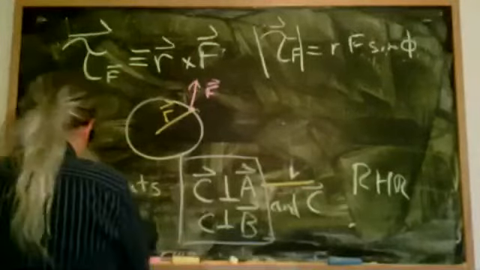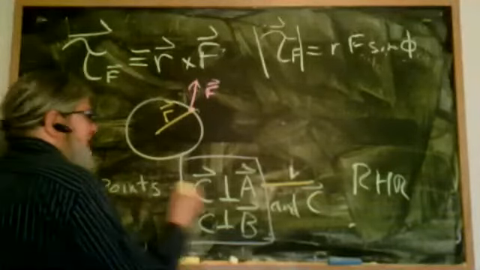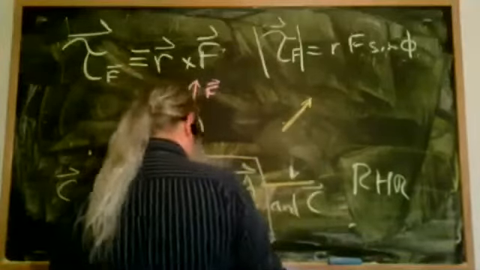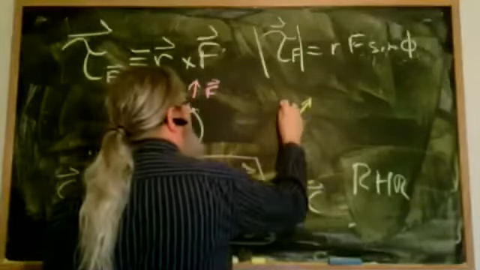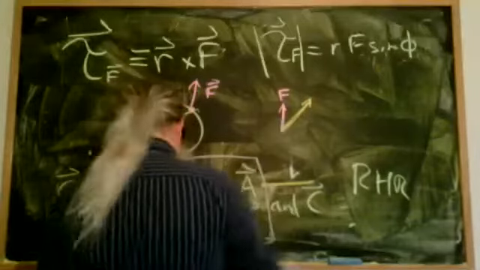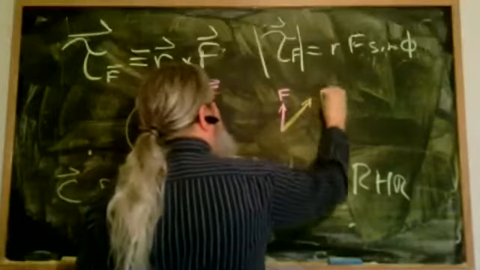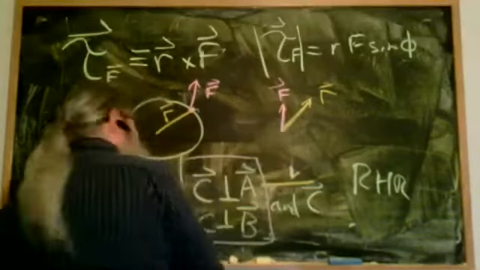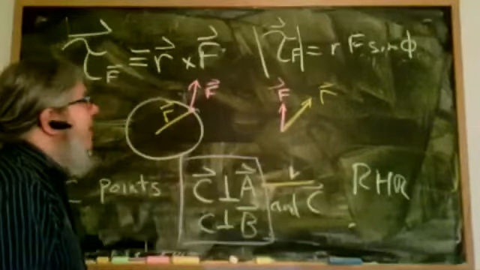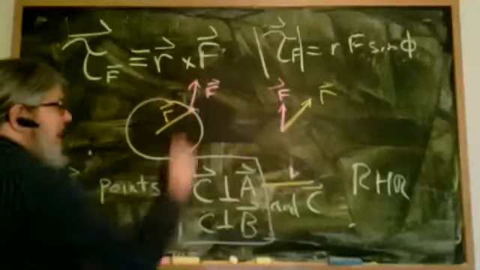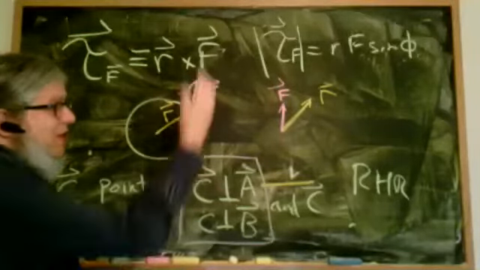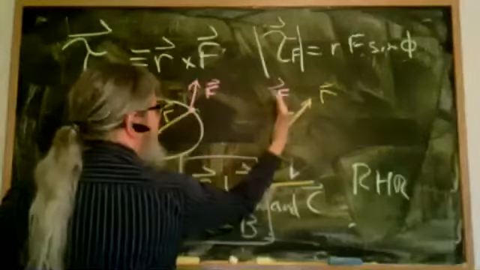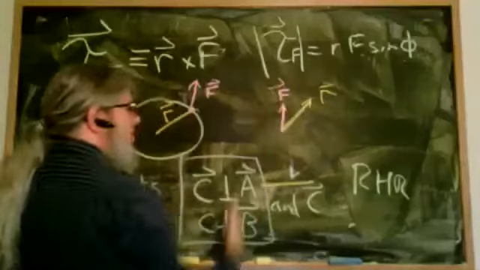If you get confused, you're always allowed to pick those vectors up and put them tail to tail. So there is R, and there is F. To take the cross product, it's always R cross F, not F cross R. So I go from R to F, that's pointing out of the board.